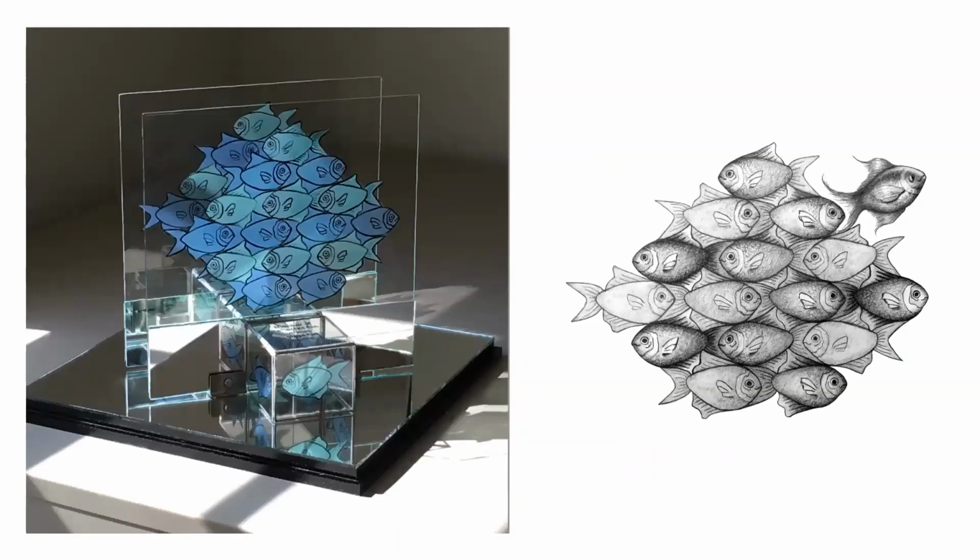Surfaces have been decorated for centuries with tessellations. That is, patterns of repeating shapes that fit together perfectly without gaps or overlap. In 2018, I created a painted, kiln-fired glass puzzle, which includes my tile pattern of fish.